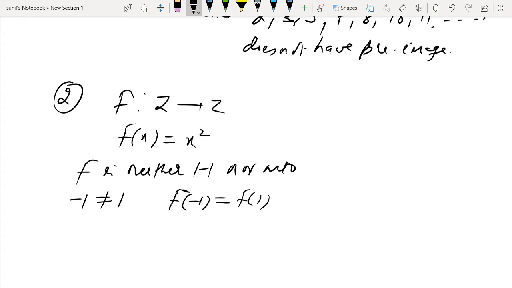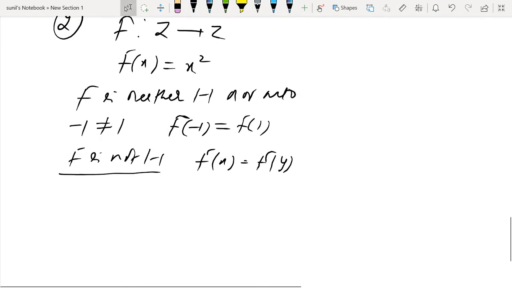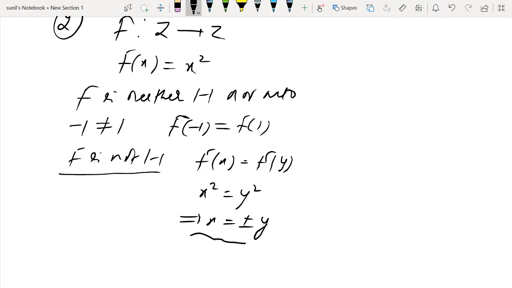So therefore clearly f is not 1-1. And even if I write f(x) equal to f(y), it does not have a unique solution: x square equal to y square will imply x equal to plus minus y. So we don't have a unique solution. f is not onto.